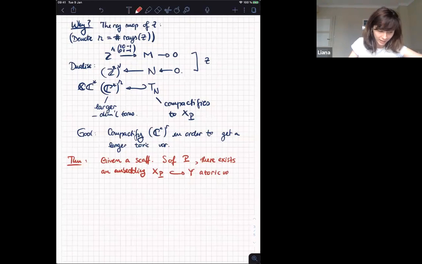Y is the toric variety that contains C star to the R as its maximal torus. But the theorem, okay, the theorem was Coates, Prince, no, Kasperczyk and Prince.